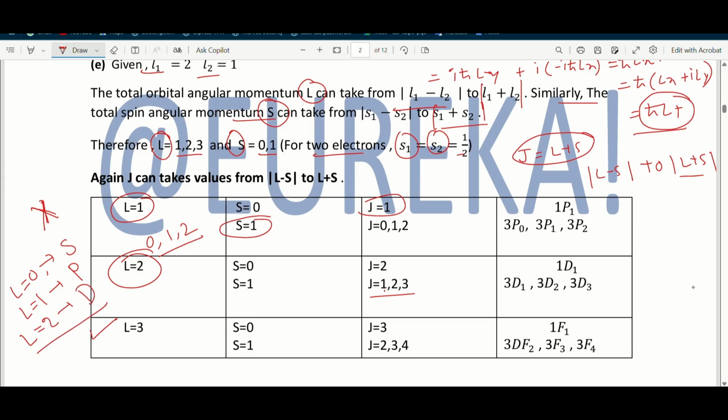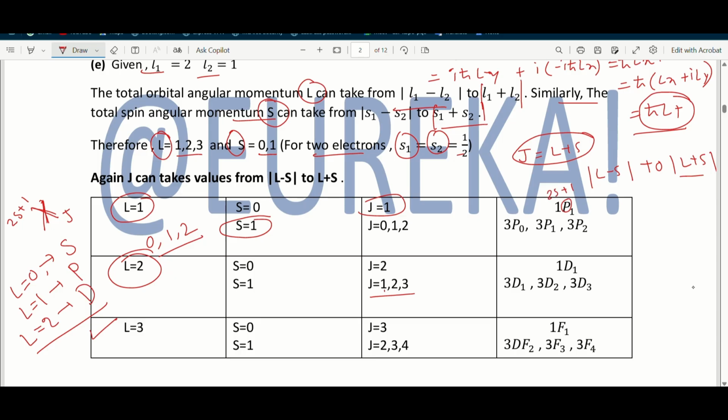The notation is X, which comes from the L value, and the superscript is twice S plus 1, where S is the capital S here, and the subscript is the J value. So for J equals 1 and L equals 1, it gives capital P, and the superscript is twice S plus 1.